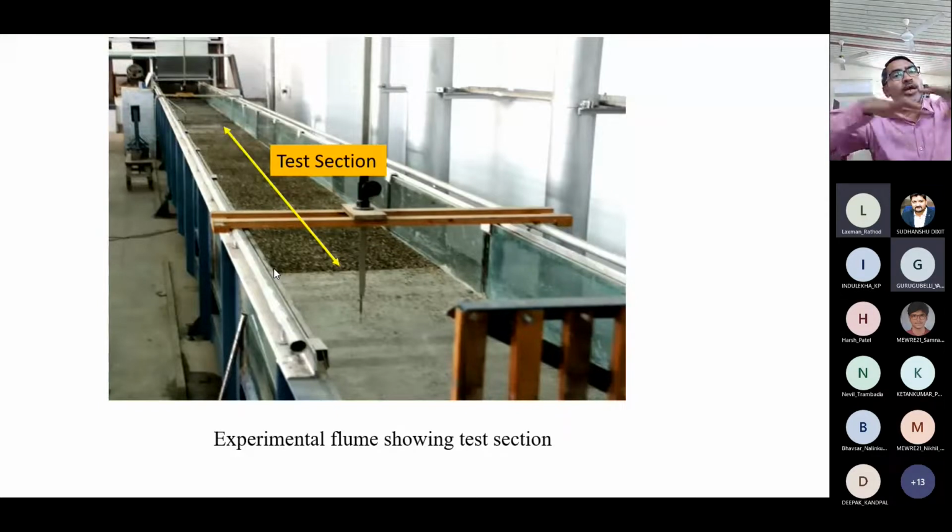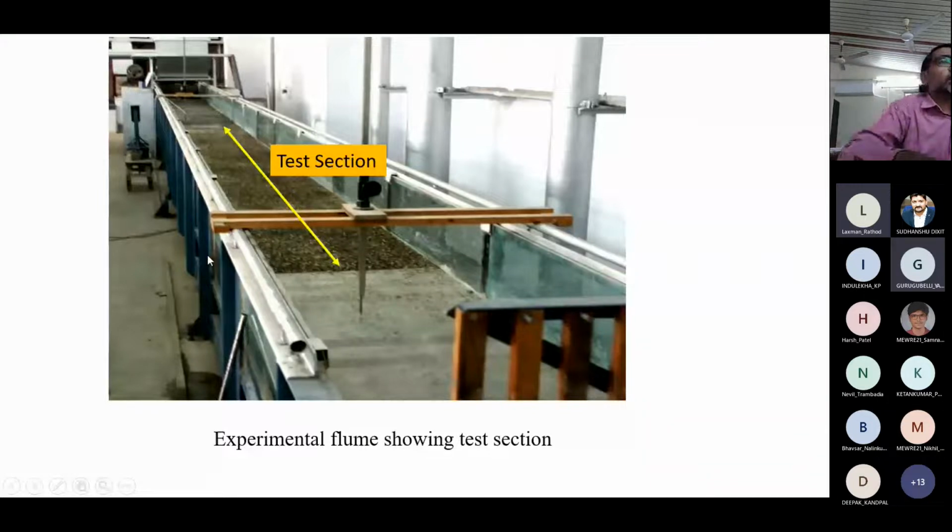So we have to allow a certain length so that the turbulence subsides and flow is fully established. So that much length, 8 meter, was kept here. Then 6 meter, 8 plus 6, 14, and 2 meter was here. So that makes the total test section, and 0.13 meter was the depth.